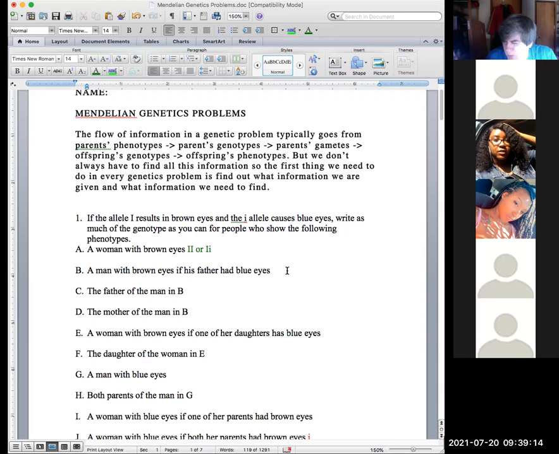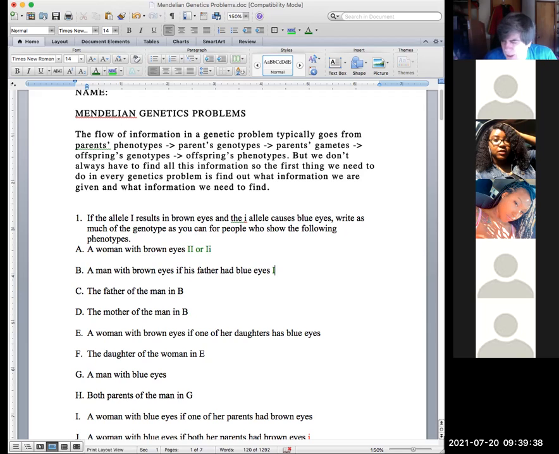What about a man with brown eyes if his father had blue eyes? Well, we know he's got a big I. Anybody with brown eyes has a big I. That's what gives you brown eyes. But his father had blue eyes. Think about what having blue eyes means. If you have blue eyes, your genotype is little i, little i.